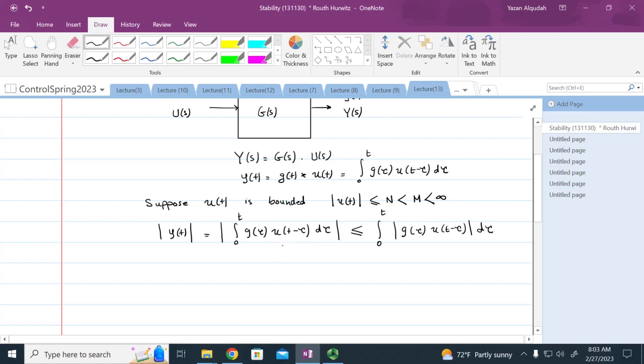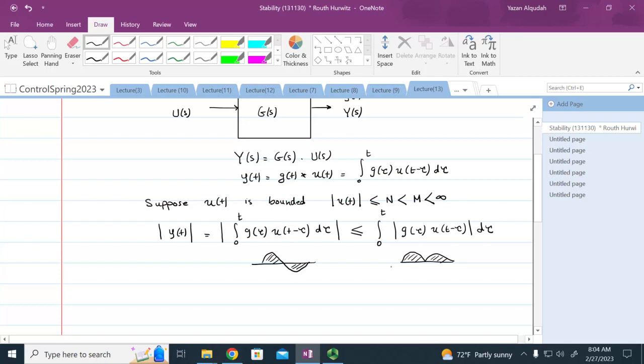What does this mean? If I take the integration of g of tau multiplied by u of t minus tau, I might have g of t multiplied by u of t minus tau looking something like this. But if I bring the absolute value inside, then I'm going to get something that looks like this. Is that clear?